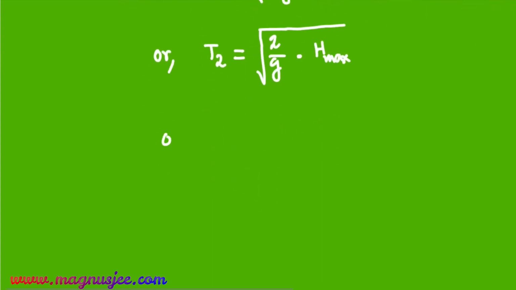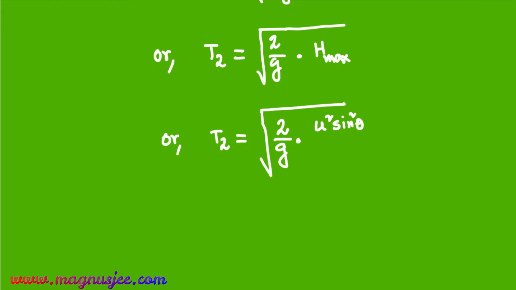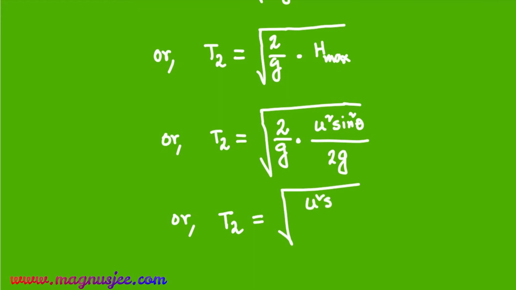In place of h max we can write u square sine square theta divided by 2g. Or, T2 equal root over u square sine square theta divided by g square.